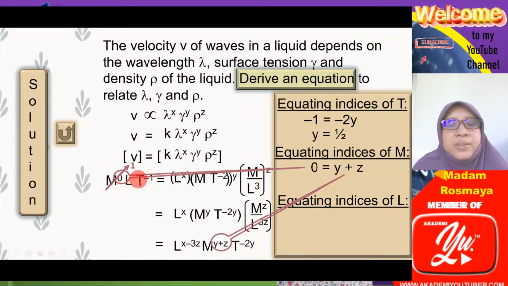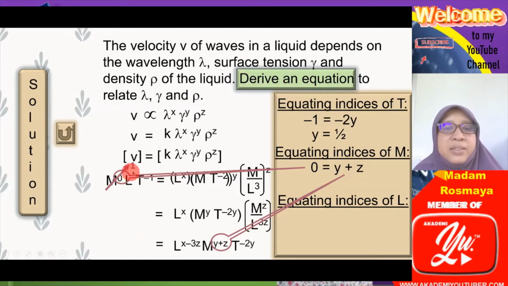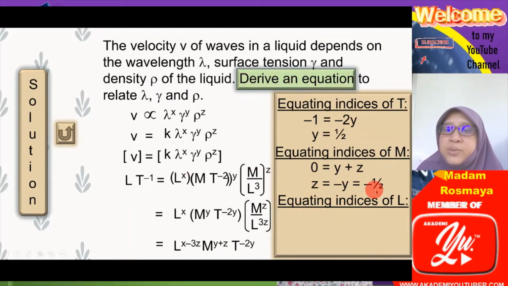So that means 1 times L per T, we still get L per T. So the power for M on the left side will be 0. So equate the indices of M, we get this, and substitute y into here. So therefore we get z equals to negative half.